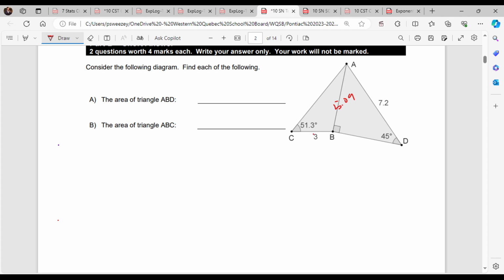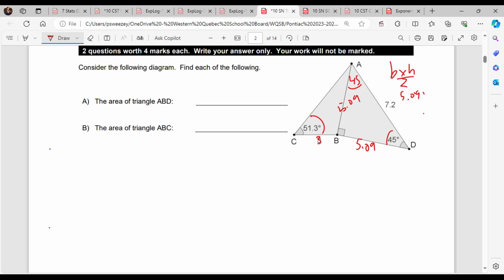If you know this 3 and that 51.3 and that 5.09, and it's not like triangle ABD, where when you saw he was 5.09, this guy has to be 5.09 because that's the same angle as that, so that side length would have to be the same as that. So this one was easy. We're just going to use base times height divided by 2. 5.09 times 5.09 divided by 2 is equal to 12.8 or something like that.